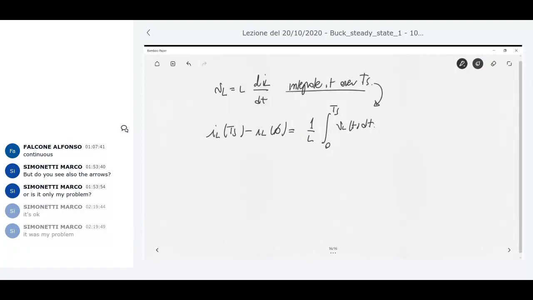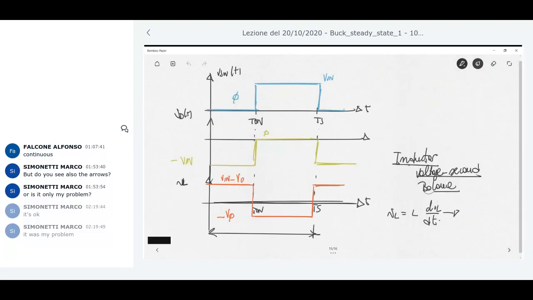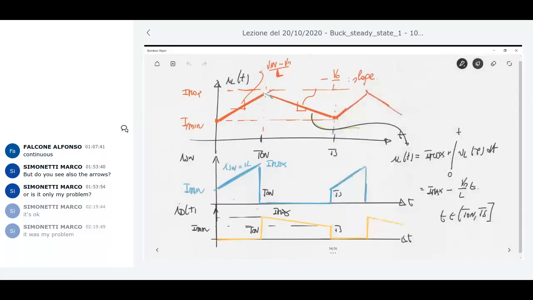This difference here, IL at the end of the switching period minus IL at the beginning of the switching period. Look at the current here. In steady state analysis, cyclostationary conditions, this means that these two currents are the same.